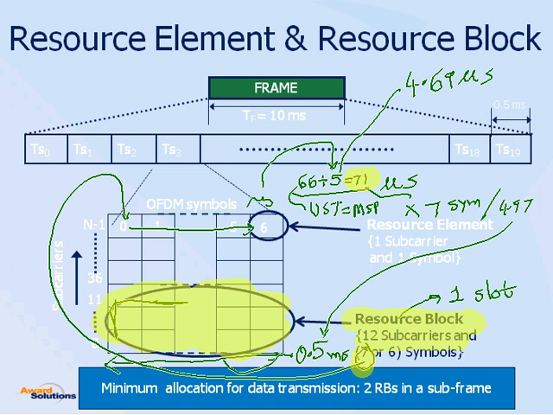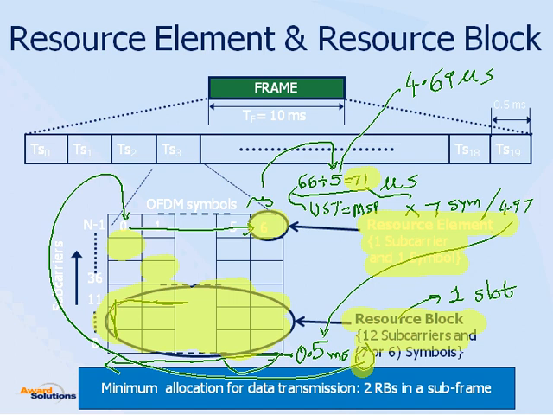So we understand now resource blocks: basically a dozen subcarriers that will last for one half millisecond slot. Now, where is the resource element? Very simple. A resource element is nothing but one subcarrier for the duration of one symbol. So this is one resource element, this is another resource element, another resource element.